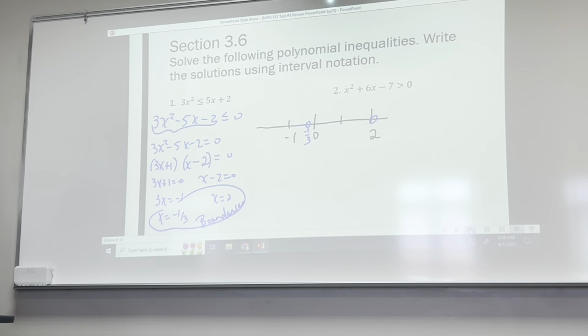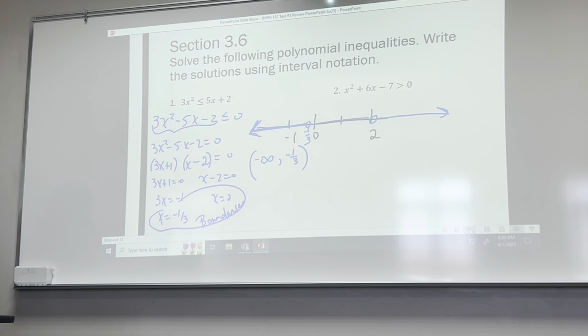Think of it as cutting the number line up into sections at those boundaries, and writing those sections as intervals. So this first interval, left forever, is what? -infinity up to -1/3. So there's one interval, right?